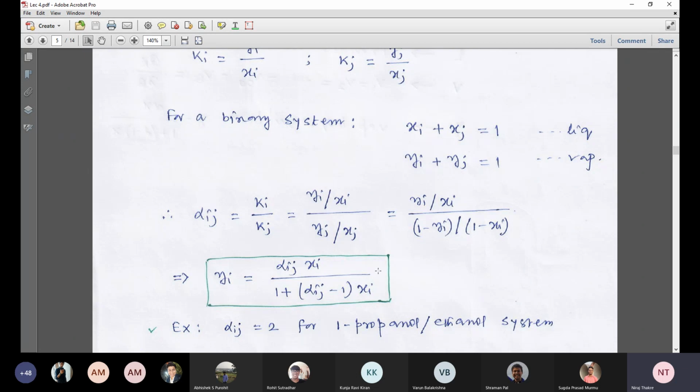If we want to calculate yi using this equation, alpha ij is known to us, like one example is given. You can collect this information from the standard book or literature papers. Now another variable we need to know to calculate yi, that is xi. Question is, from where we can get this xi? Anyone?